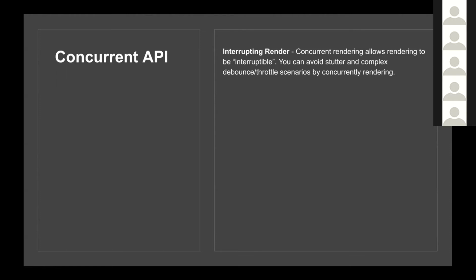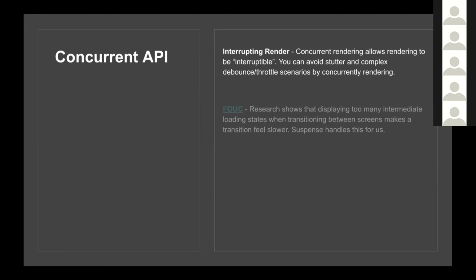These are things that I think a lot of people in a lot of frameworks have encountered. Anyone who's familiar with writing web apps has certainly seen screen flicker and needed to use debouncing or throttling to solve those problems. Interrupting renders is a really new way of handling that problem.